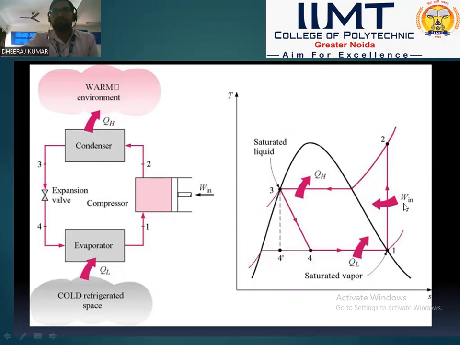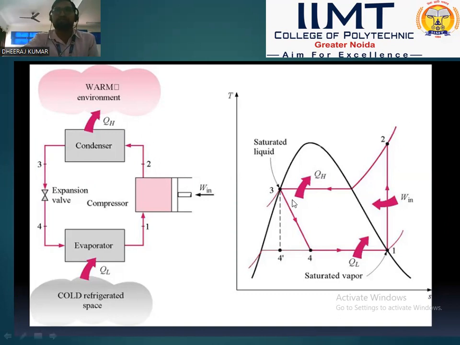The process 1 to 2 is a reversible adiabatic process. During this process, the refrigerant is isentropically compressed, the pressure increases from P1 to P2 and the temperature increases from T1 to T2. The high pressure, high temperature refrigerant is supplied to the condenser.